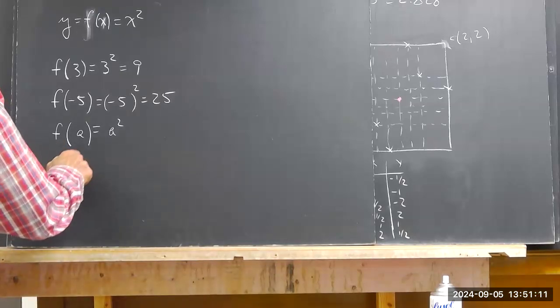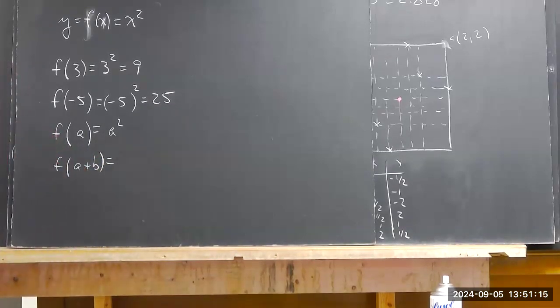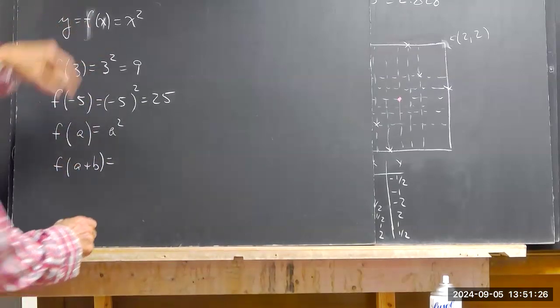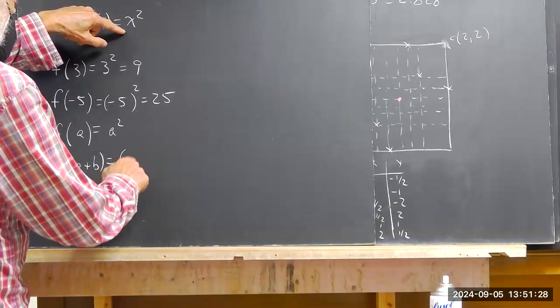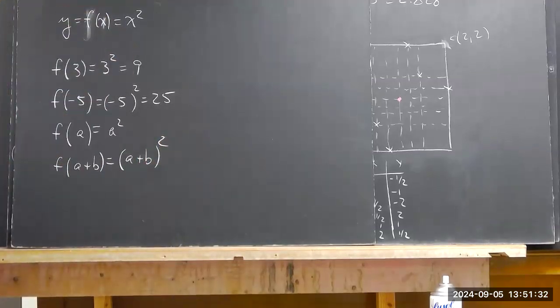What's f of a plus b? Well, now you've got to be careful, because a lot of people want to say a squared plus b squared, which isn't right. Okay? x is a plus b, so the whole darn a plus b has to be squared. Okay? Make sense? Pretty simple.